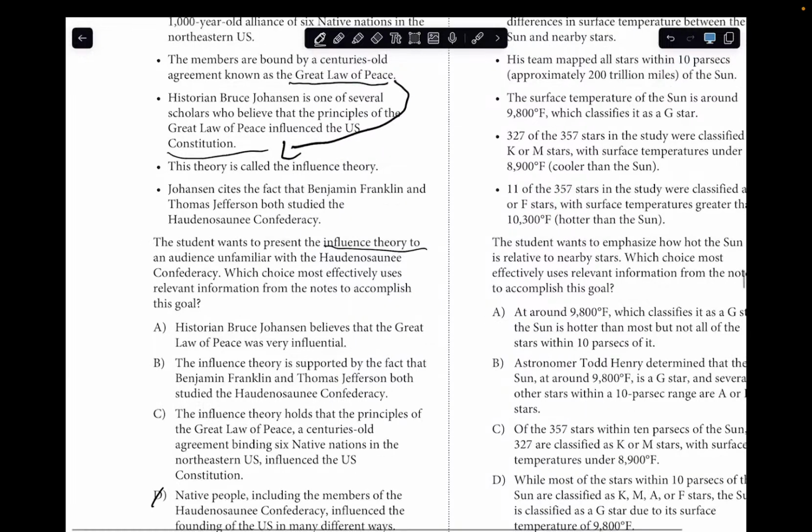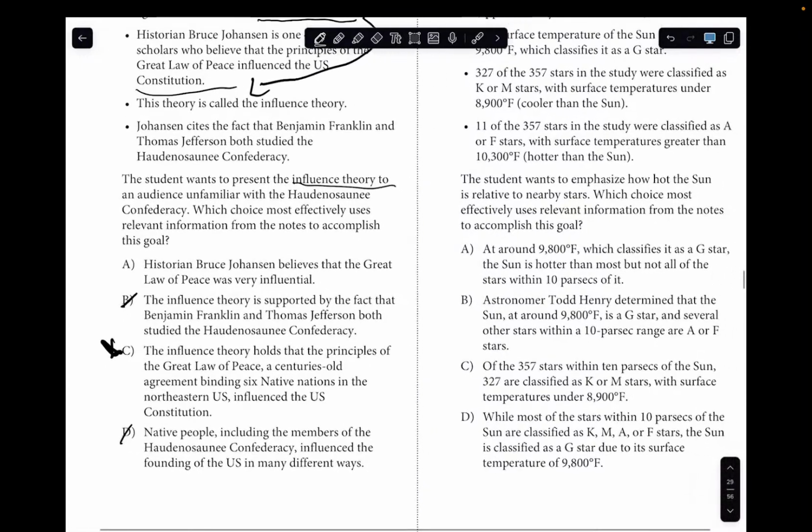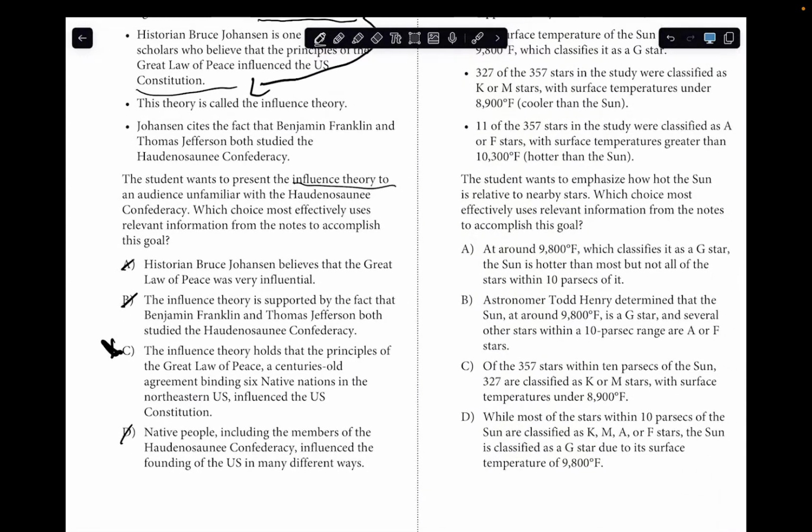That is a very, very strong candidate. B, the influence theory is supported by the fact that Ben Franklin and Thomas Jefferson, I don't think there's enough detail there in B. A historian believes that the Great Law of Peace was very influential, not directly referencing what was influential about it and what it's connecting. So C is really the strongest choice there.